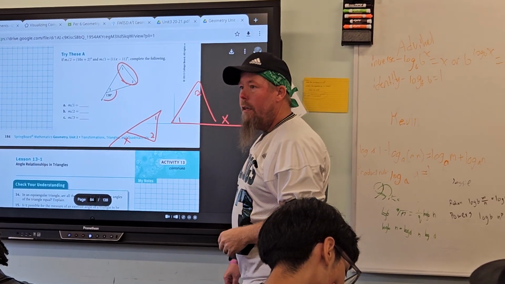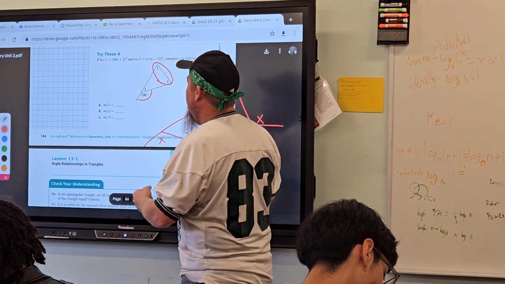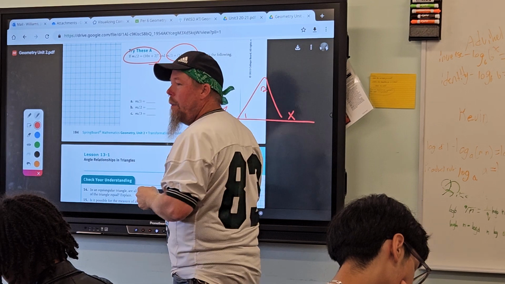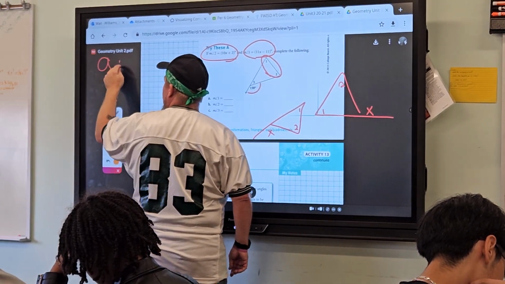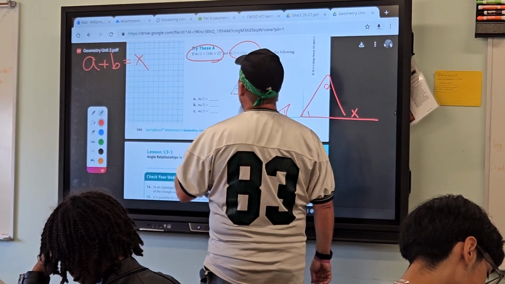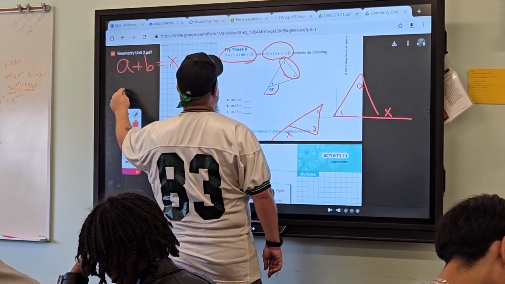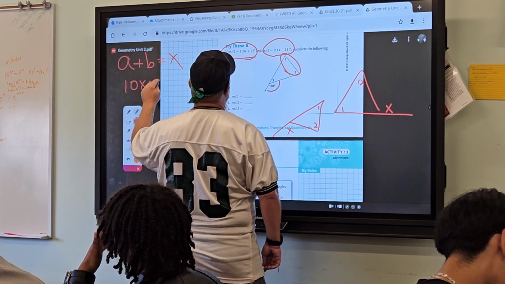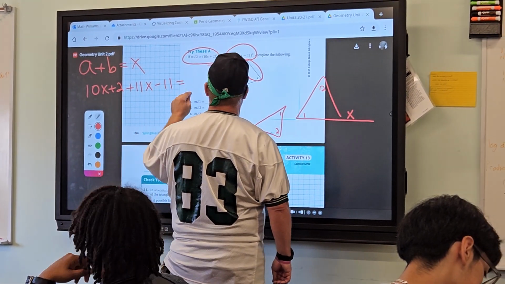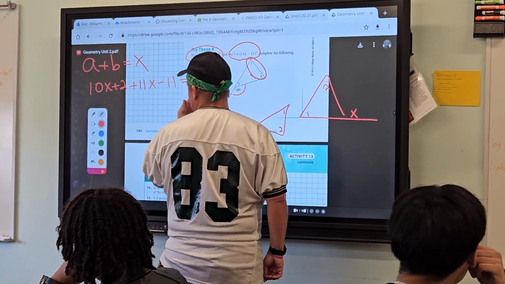So, how do I do that? I'm going to substitute, right? And what was our formula? Remember the original formula I had up there for notes was A plus B equals X. And so in this particular case we have 10x plus 2 plus 11x minus 11 equals 138.